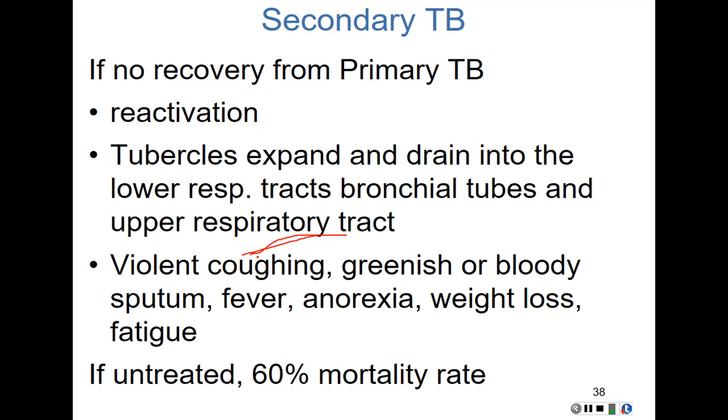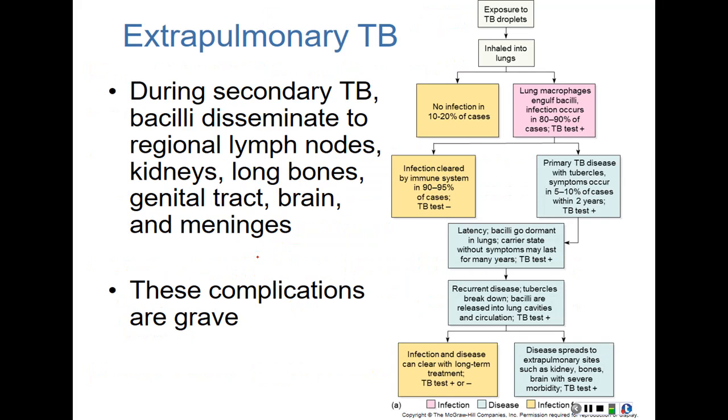Okay, so primary TB is one thing. Secondary TB is definitely a more advanced issue. And then disseminated TB is sometimes referred to as extrapulmonary TB. And this is where it can spread from the lungs to all areas of the body.